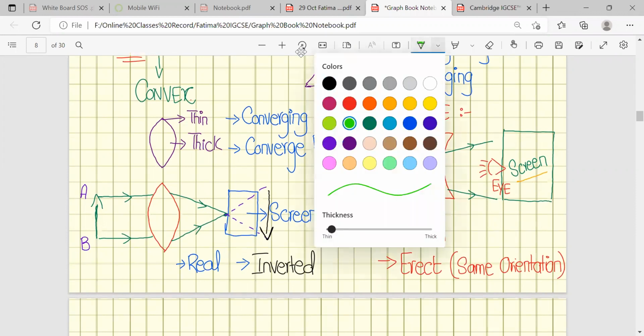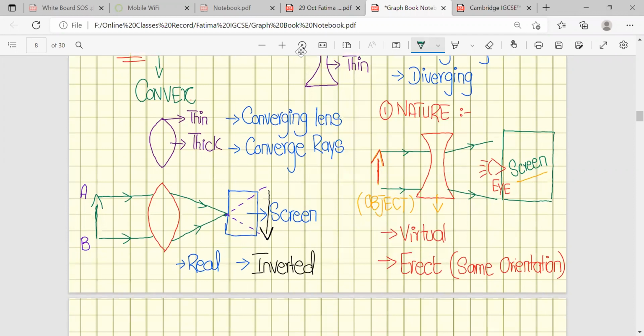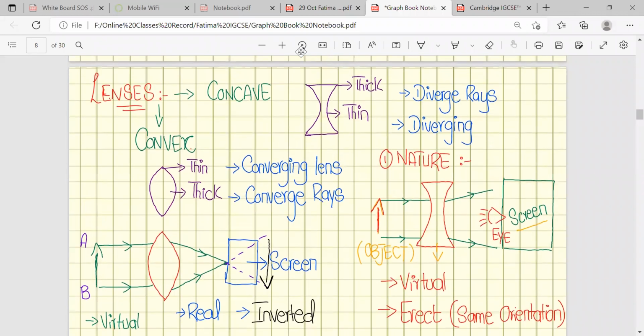When we discuss image formation at different points, we can observe that a convex lens will also form a virtual image, right? So it can form both virtual and real images, but concave will always form a virtual image, right? Because it always diverges the light rays, so the light will not intersect each other. So that's why we don't get the image of an object on the screen, right?